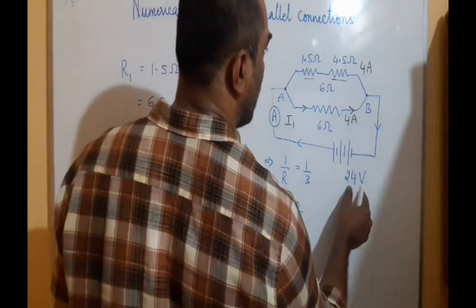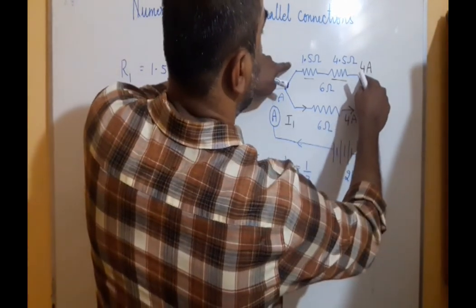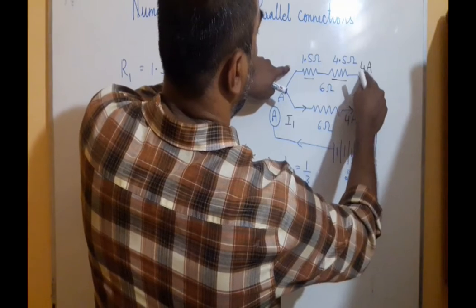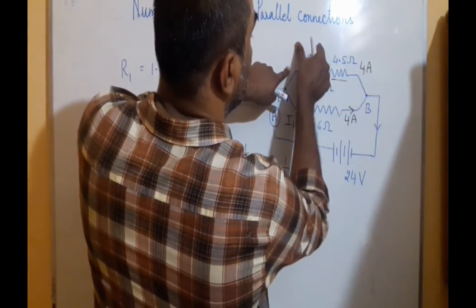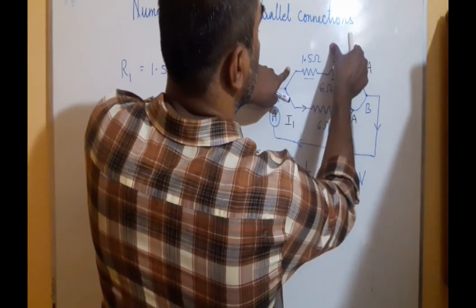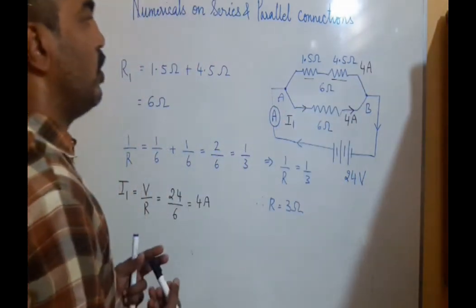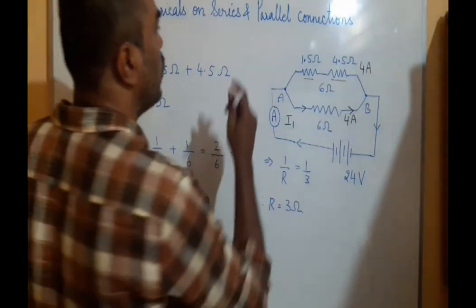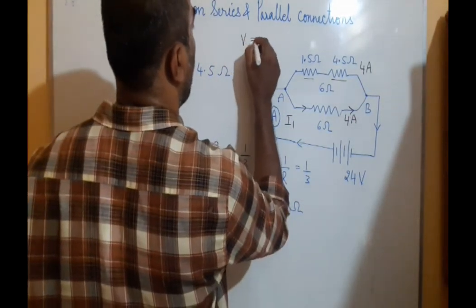Okay, so this 24 volt is at these 2 points. Now we have to find out how much voltage across this resistor and how much voltage across this resistor. So again we have to use which law? Ohm's law. What is Ohm's law? V equal to IR.